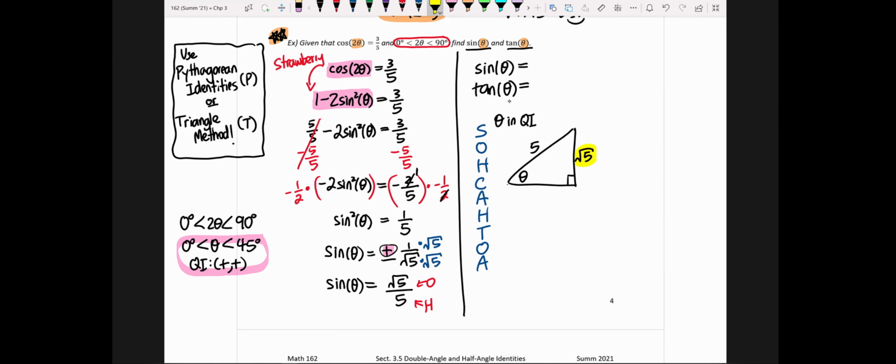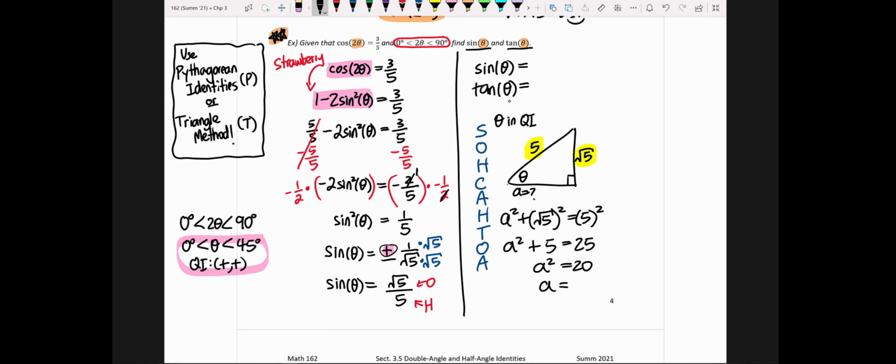If you have two lengths in a right triangle, we can use the Pythagorean theorem to find the remaining length. So let's call this A. We have A squared plus root 5 squared is equal to 5 squared. So leg squared plus leg squared is equal to hypotenuse squared. A squared plus 5 is equal to 25, so A squared is equal to 20.